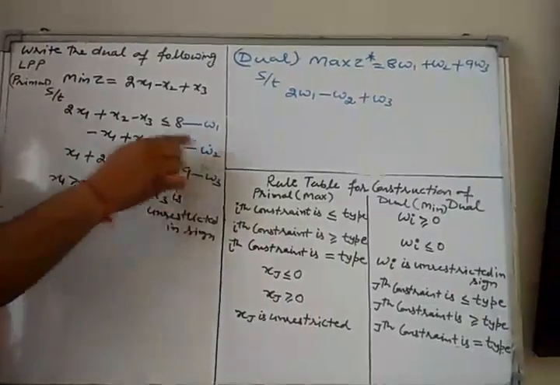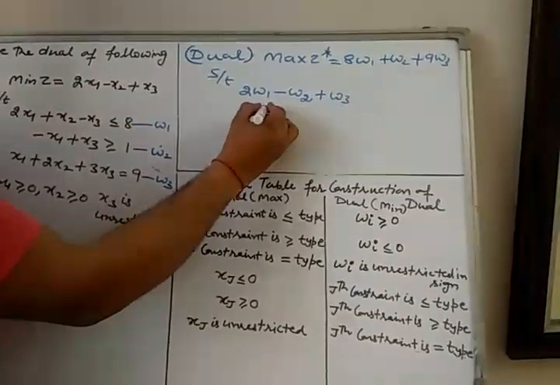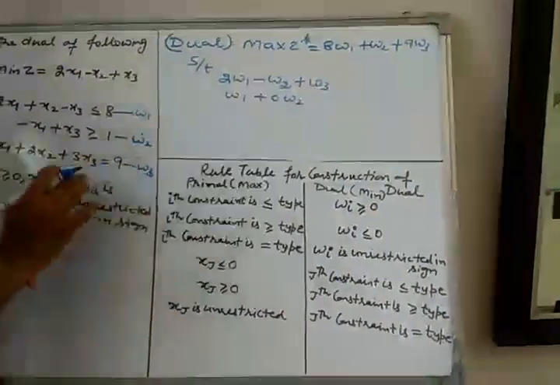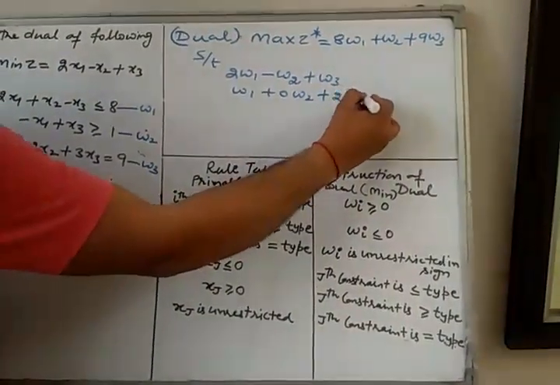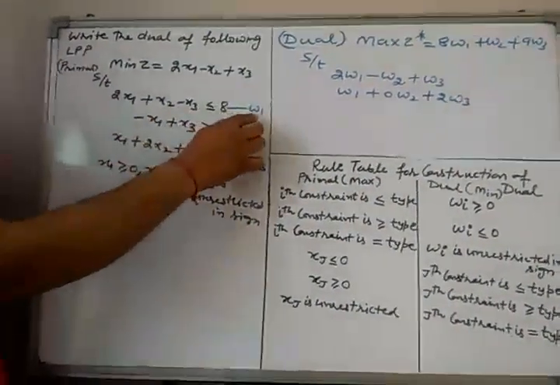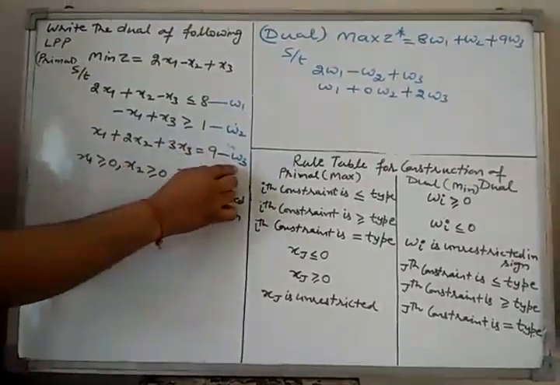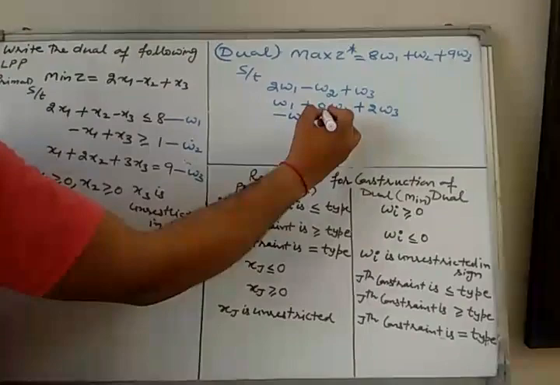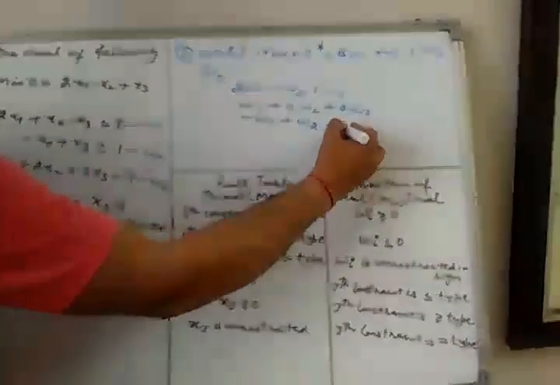Therefore, W1 plus 0 times W2 plus 2W3. Next, minus W1 plus W2 plus 3W3.